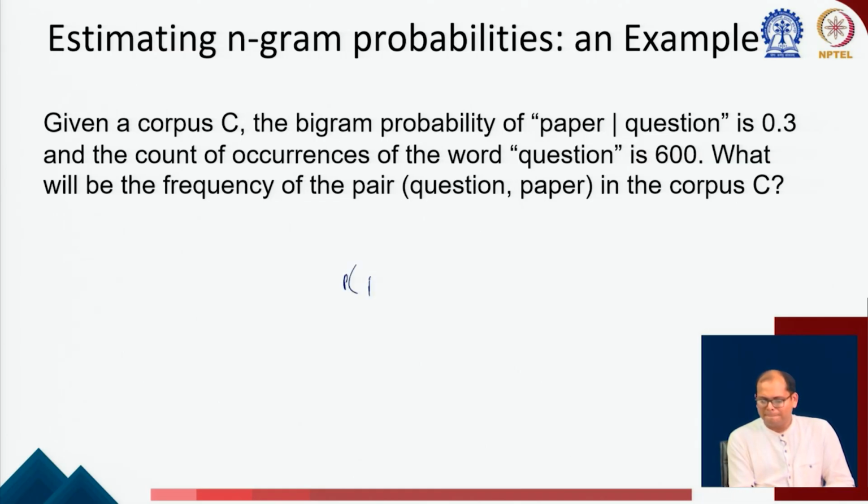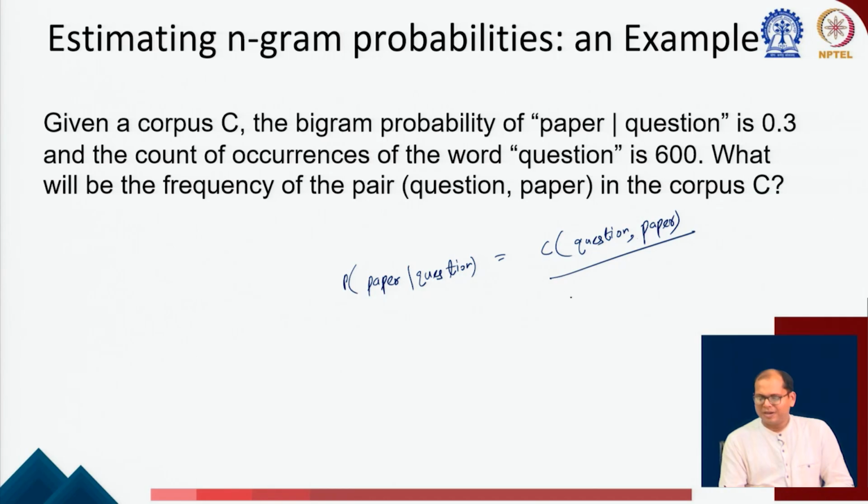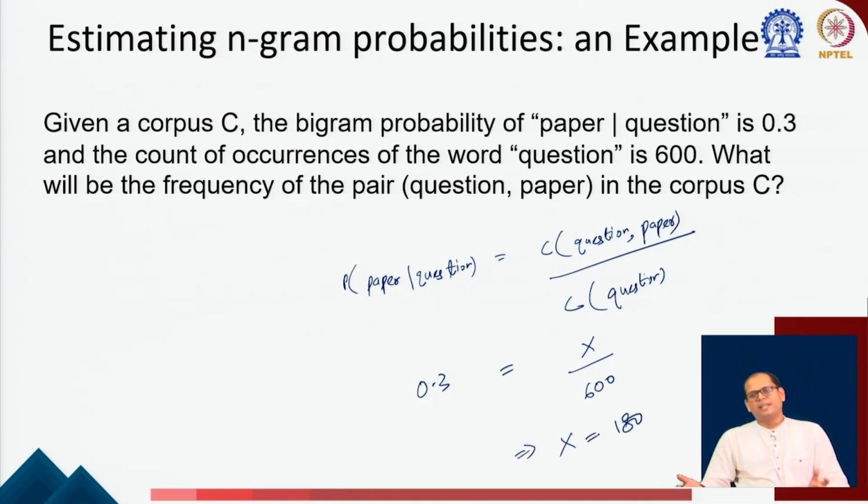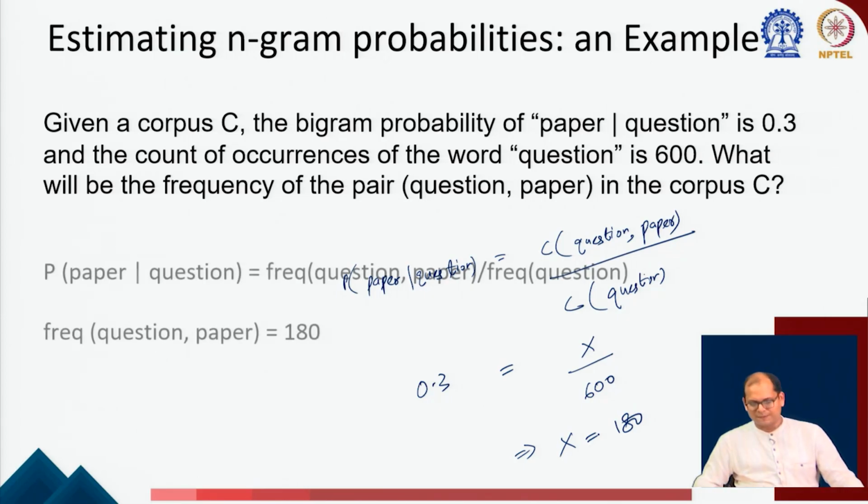The probability of paper given question is the number of times you have question followed by paper, divided by the number of times you have question. And what is given? 0.3 is equal to x, we don't know the pair frequency, divided by 600. So x is 180. So this is 180 times. This is a simple example.